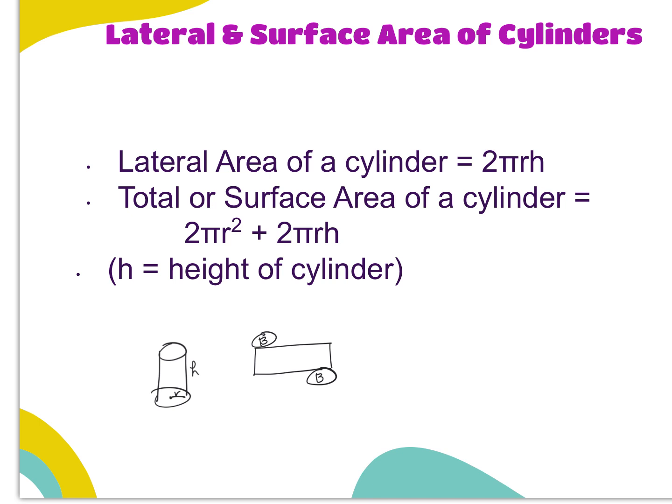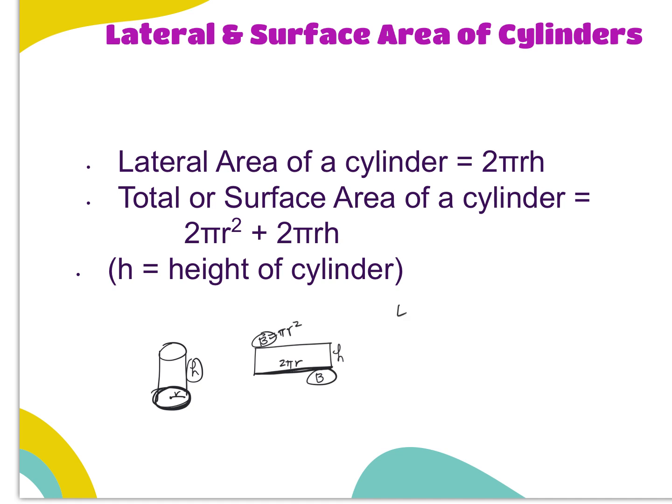The rectangle's height is whatever this height is, and the base of our rectangle is going to be the circumference of the circle. We know the circumference of a circle is 2 pi r. And the area of the base here is pi r squared, and there's two of them.